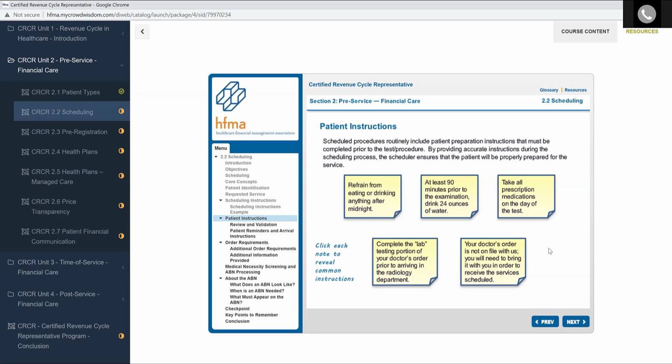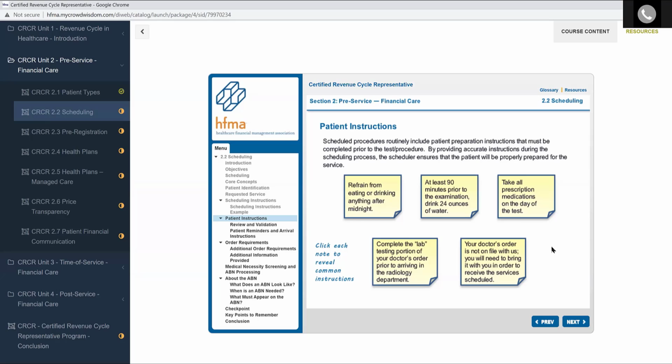If we click on the boxes, it'll give you the information. Refrain from eating, take all prescription medications on the test day at least 90 minutes prior, drink X amount of liquids, complete any labs prior, and if your doctor's order is not on file, you need to bring it.